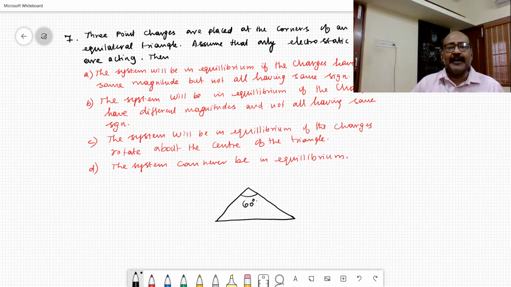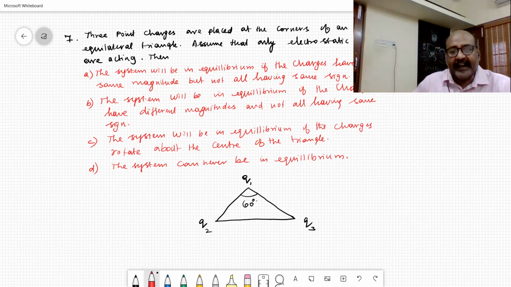The 3 point charges I am considering as Q1, Q2, and Q3. Assume that there is only electrostatic force between them.